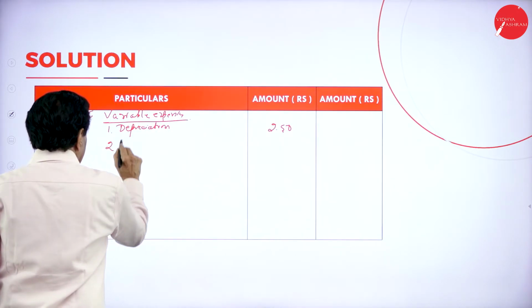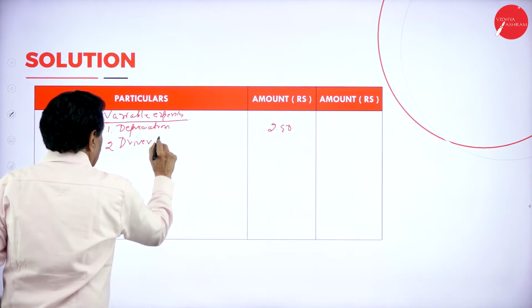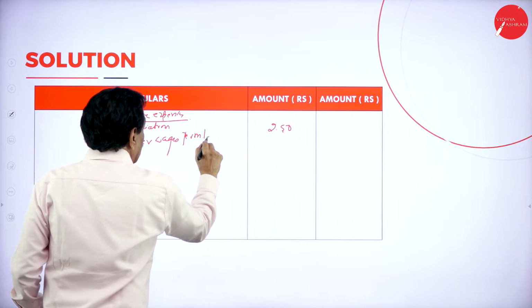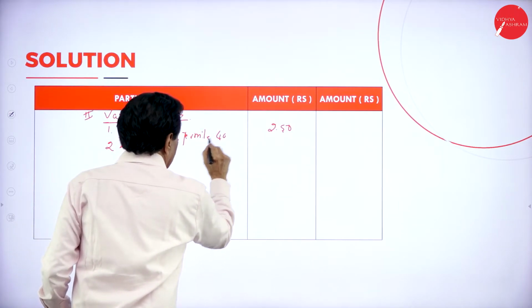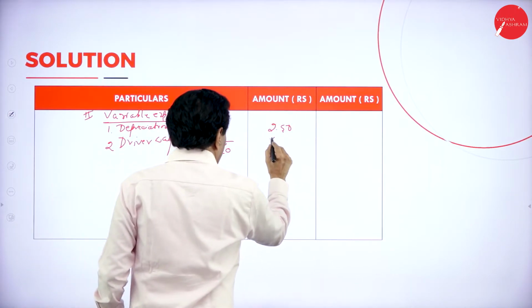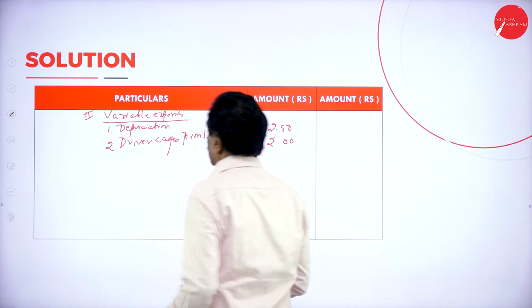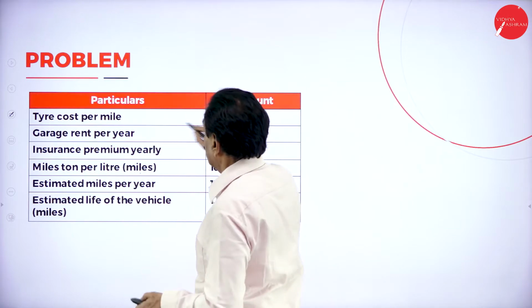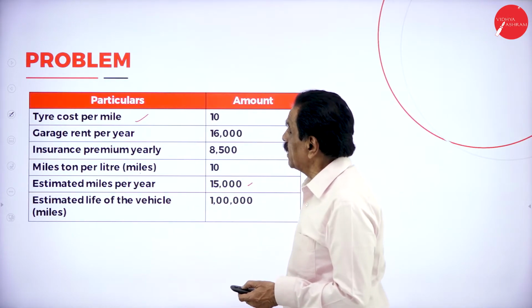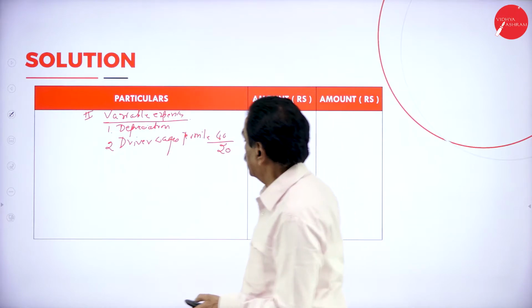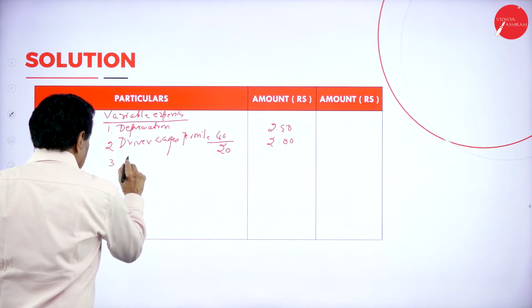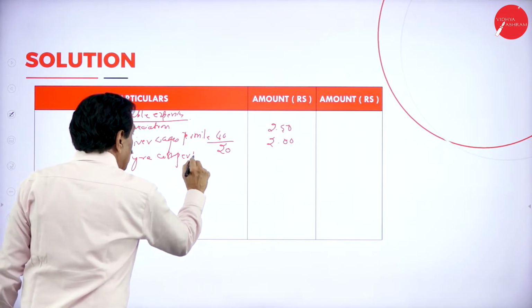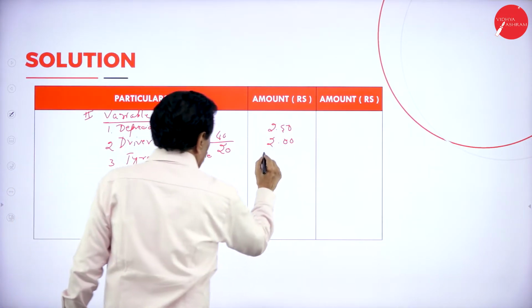Driver wages per mile, 40 divided by 20, 2 rupees. This is per mile. Then tire cost per mile 10 rupees.